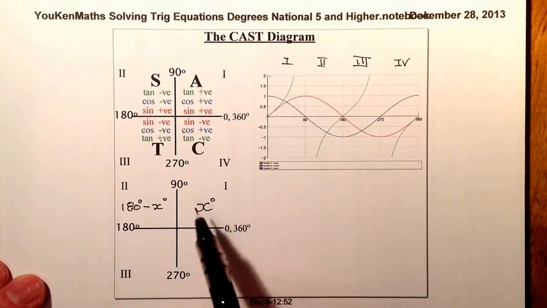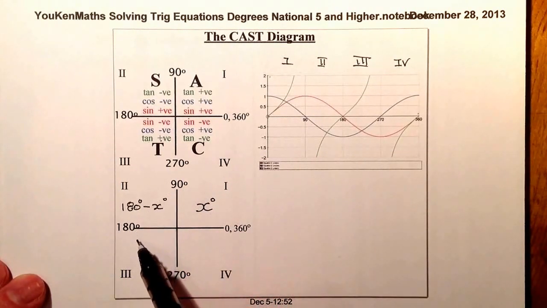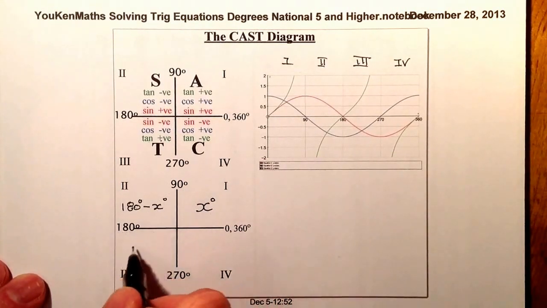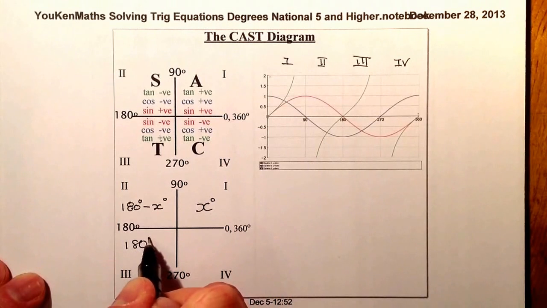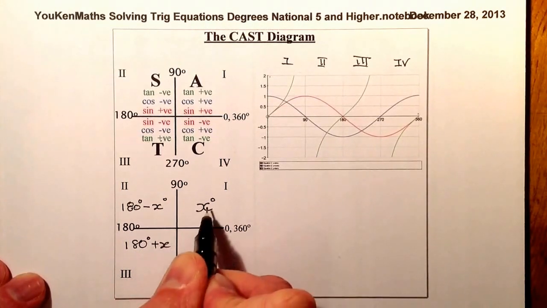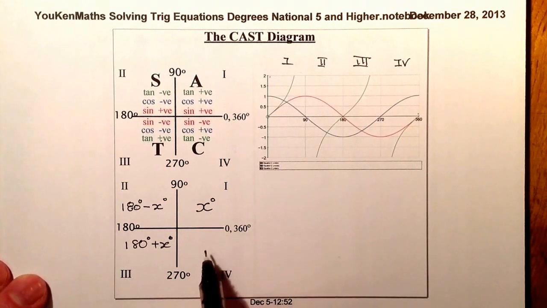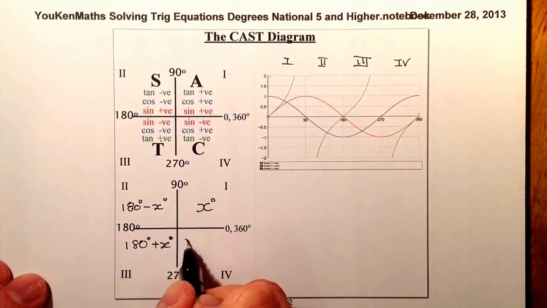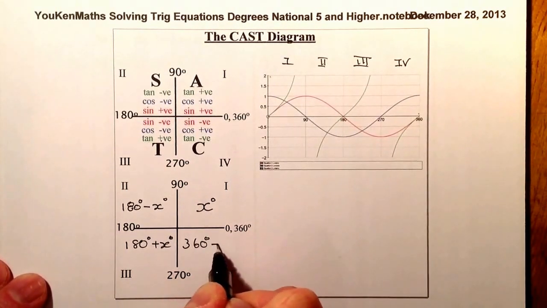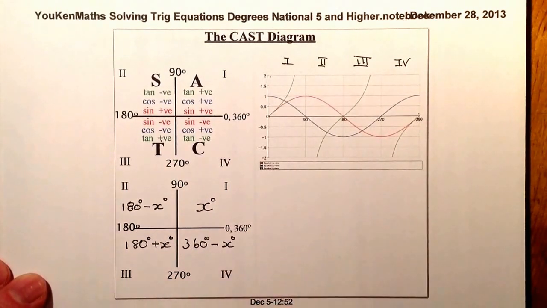Sweeping round from here, to find a value in this quadrant, I'll have 180 degrees plus the acute angle I find. If I'm going to find a value in the fourth quadrant, I'm going to start at 360 degrees and subtract the acute angle that I find. So this is the way I'm always going to be working out this type of question.